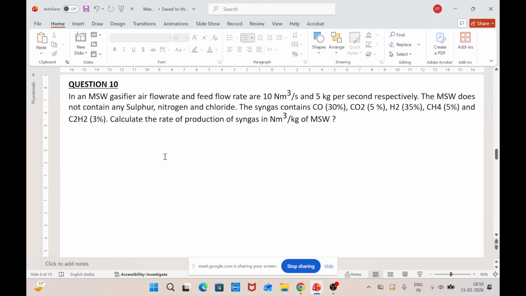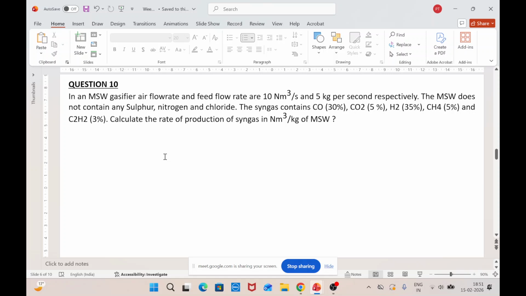In a municipal solid waste (MSW) gasifier, the air flow rate and feed flow rate are 10 Newton meter cube per second and 5 kg per second respectively. The MSW does not contain any sulfur, nitrogen, or chloride. The syngas contains carbon monoxide 30%, carbon dioxide 5%, hydrogen 35%, methane 5%, and ethylene 3%.